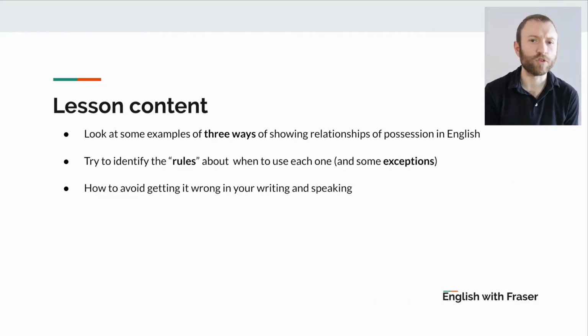What I really want students to take away from this is maybe how to avoid getting it wrong in your writing and speaking. You'll see that sometimes both things are possible. Sometimes you might use an apostrophe S or you might use an of. There are 2 possibilities. We'll see that it's a little bit easier to tell you some general rules and maybe a little bit what not to do than to tell you exactly what is correct.